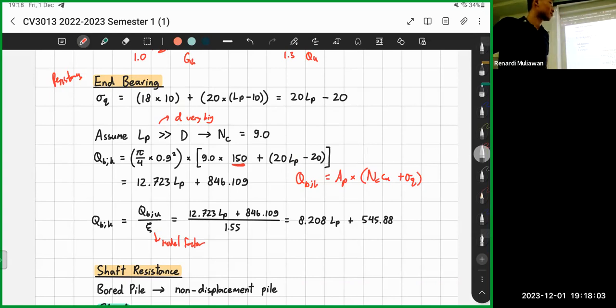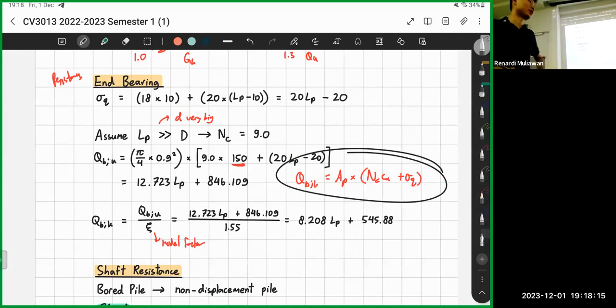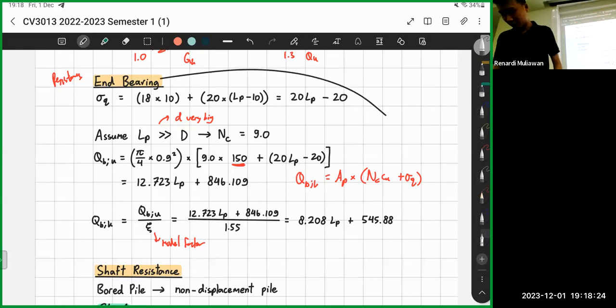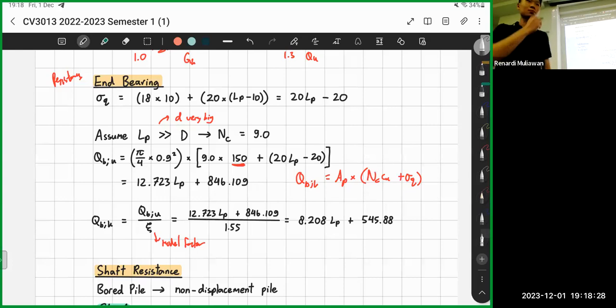This QD, the idea is just to get the shallow foundation formula: AP times NC CU plus sigma Q. Then you just find each one. So sigma Q is here.